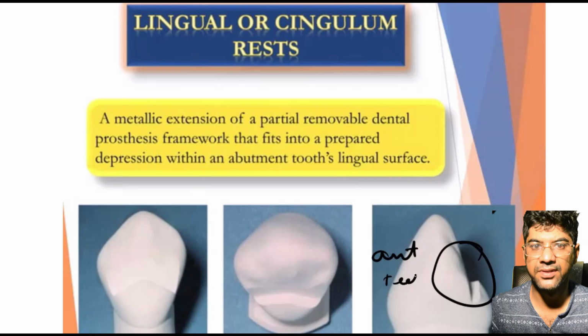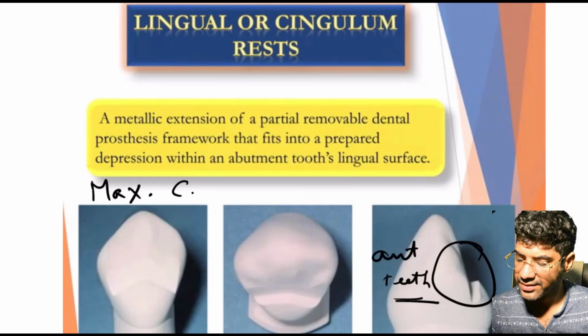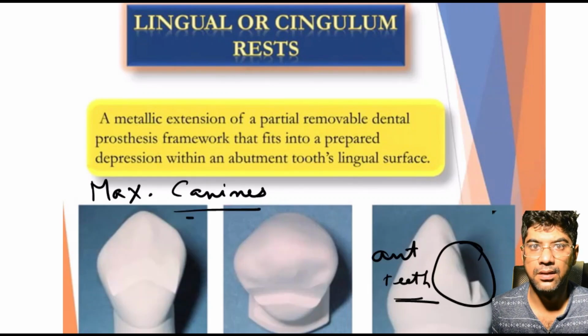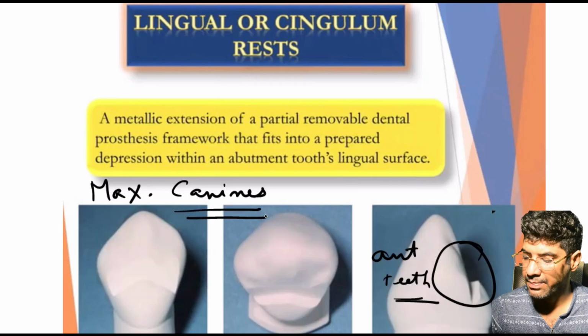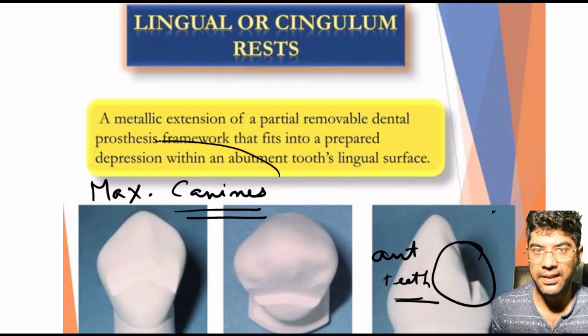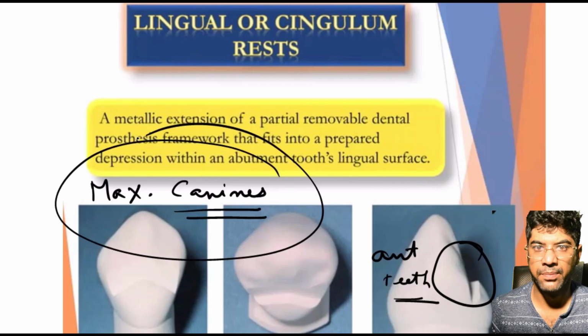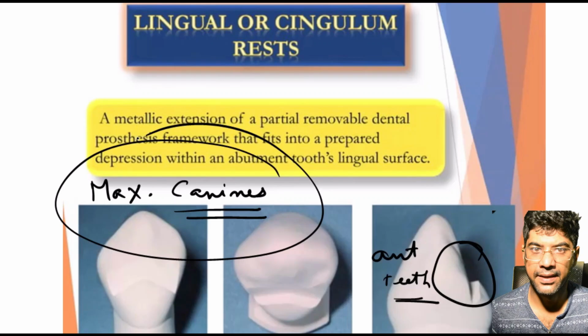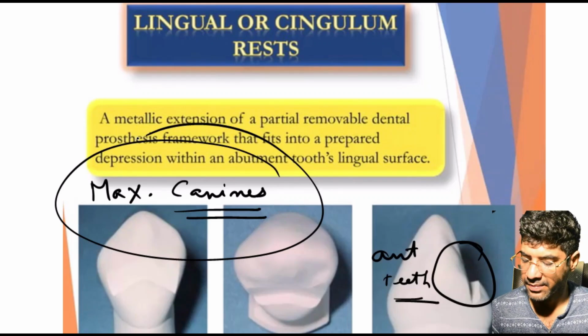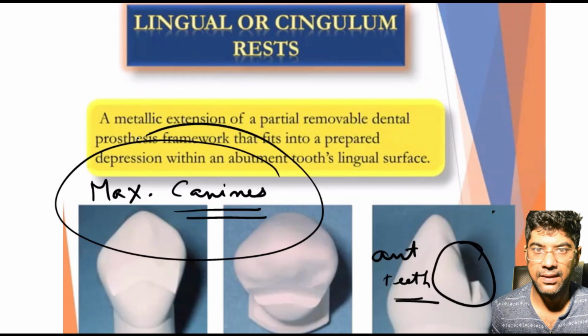Coming to the lingual rest. What are lingual or cingulum rests and where are they typically prepared? The lingual rest is the rest that is prepared on the lingual surface, above the cingulum of the anterior teeth, and primarily it involves the maxillary canine.